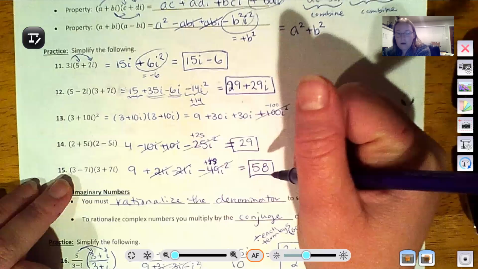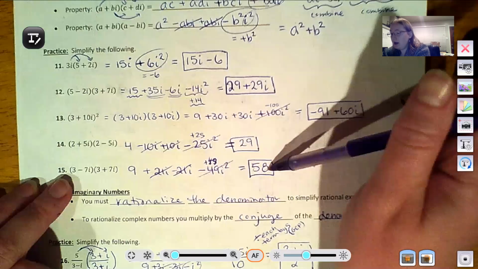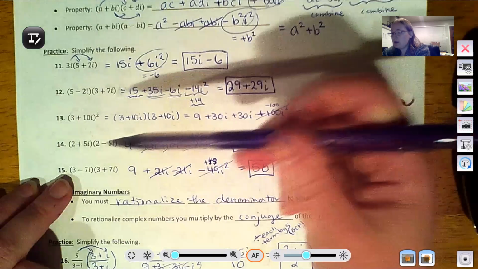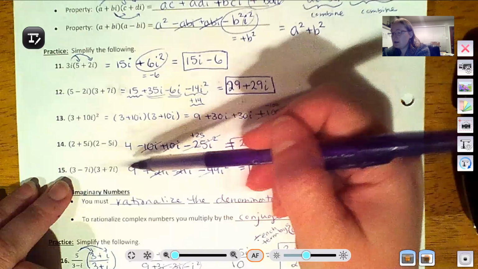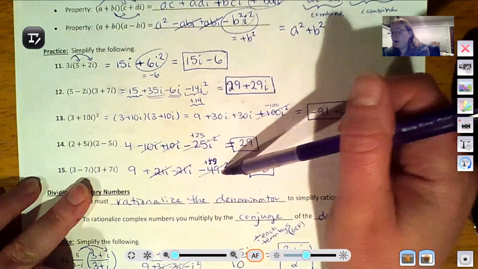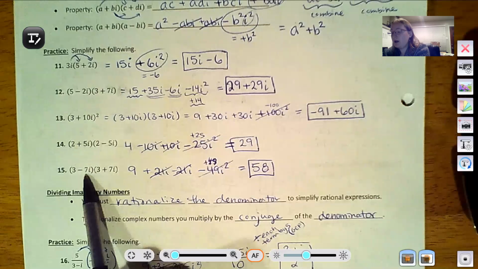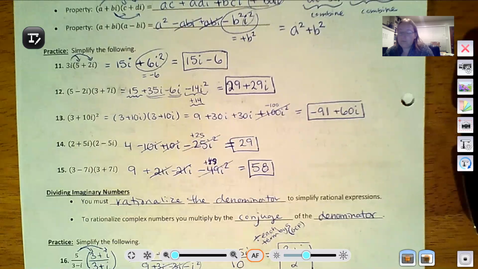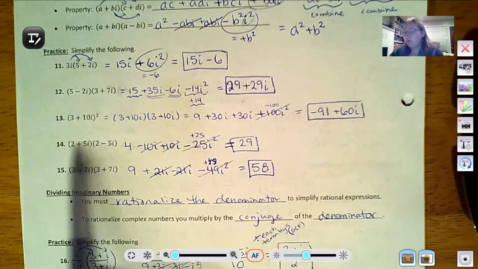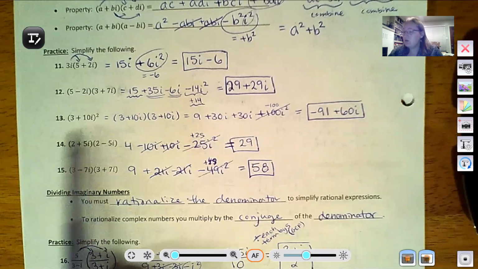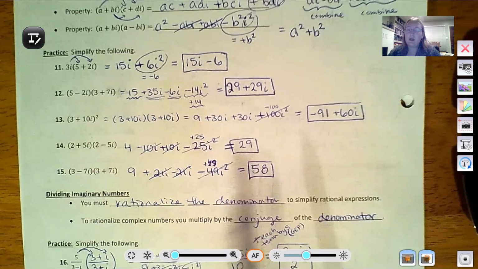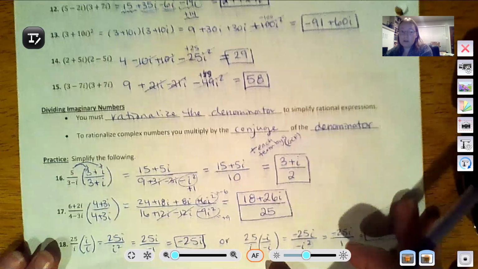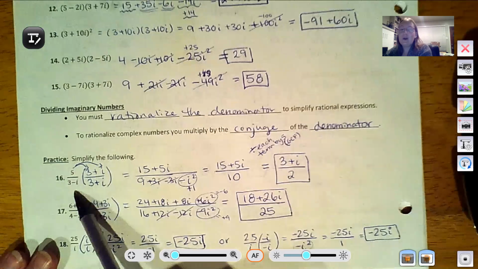So here's another one where it's conjugates, and again, you get a nice integer. It ends up being this number squared plus the coefficient squared, because you're always going to have the negative times a positive, but you'll also have the negative from the i squared. So it always ends up being plus the sum of squares type situation. So the reason I wanted to really mention these where you end up with a nice integer is because we don't like having roots in our denominator, nor do we like having i's.